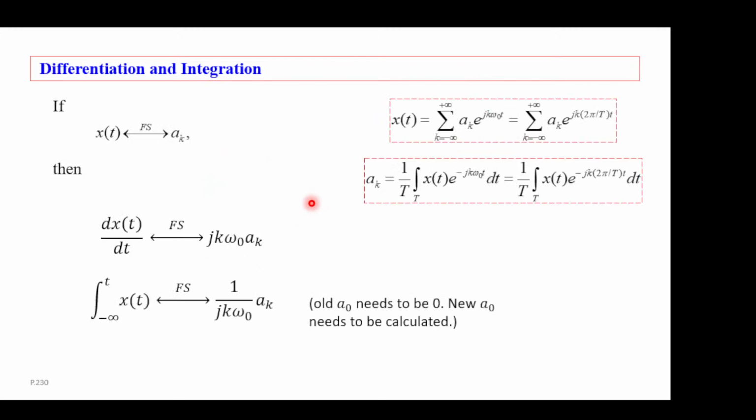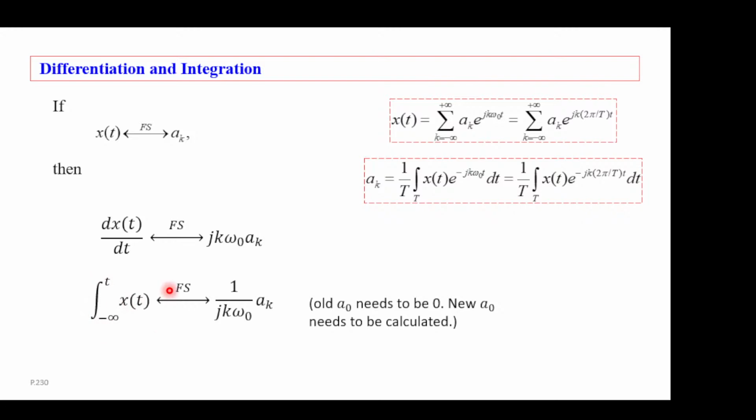And finally, we have the differentiation and integration property, where we take a derivative of x, and your a_k will get an extra factor of jk omega naught. If you do the reverse, so you do integration of x, then you will get an extra 1 over jk omega naught times a_k. This is a bit funny, and you need to be careful about the integration limit.